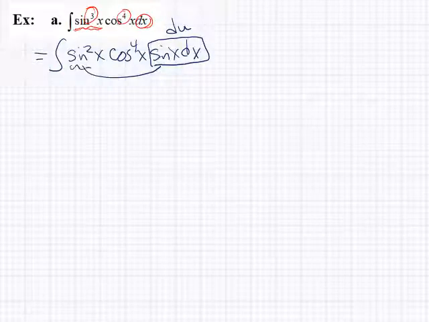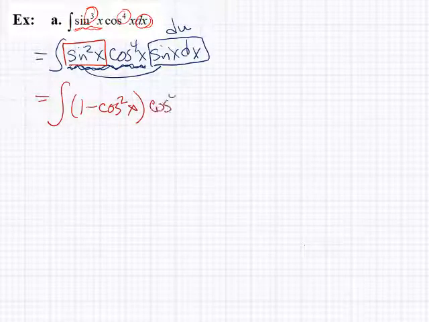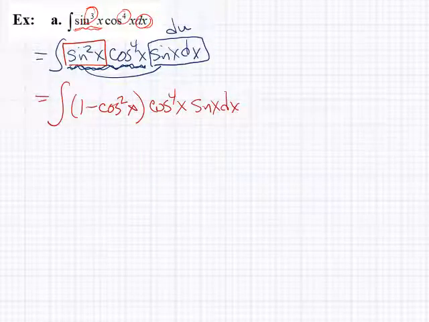Well, I need to take everything that's left here and make all this cosine. And that's where the Pythagorean identity comes into play. So I do the Pythagorean identity, which is 1 minus cosine squared x, times still the cosine to the 4th x, sine x dx. What I like to do here, and it's not necessary, but it'll have to be done eventually, so I like to do it now, is distribute this cosine in here.